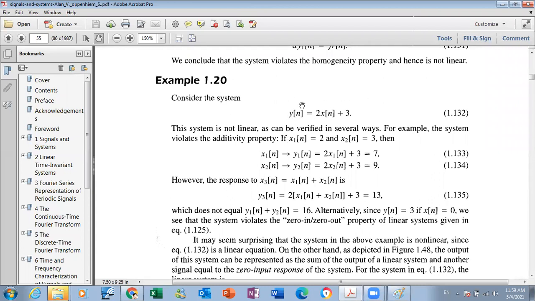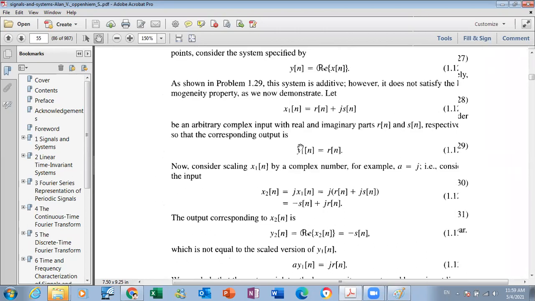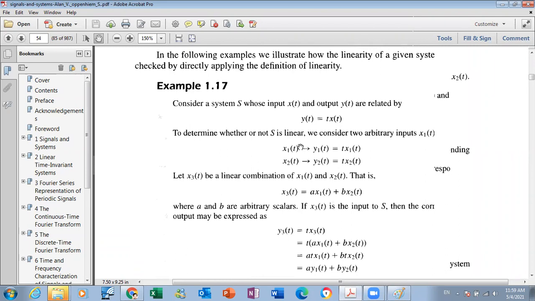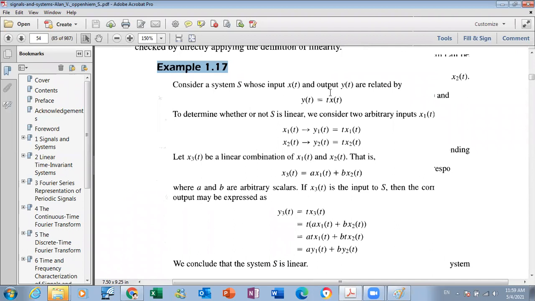A system will be given and you have to check the linearity. For linearity, follow this procedure given in example 1.17. Use this formula, use this method, right? This method is very important.